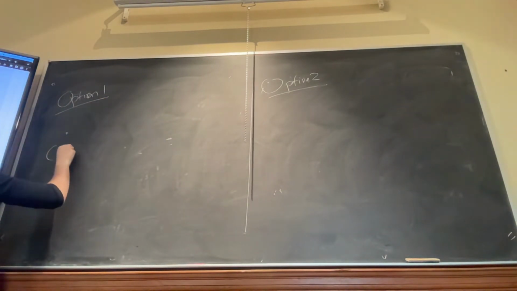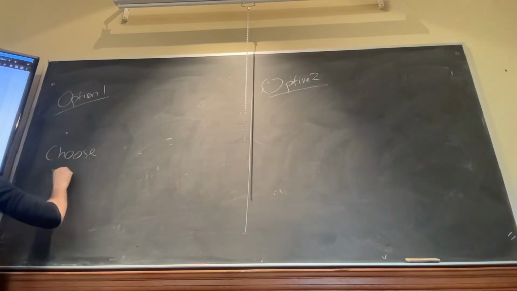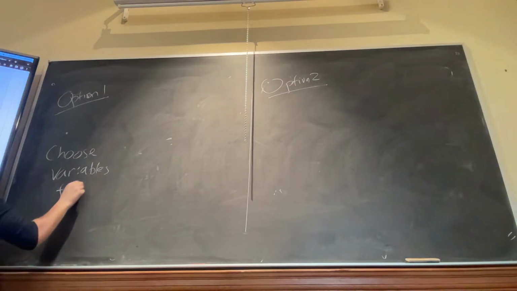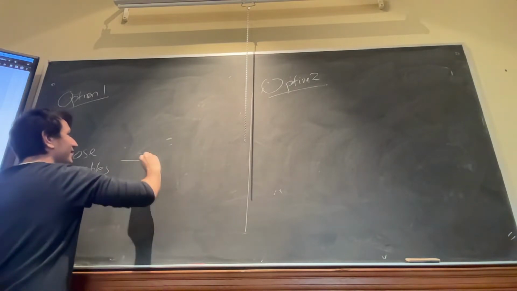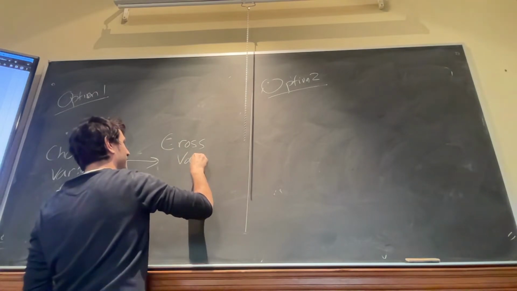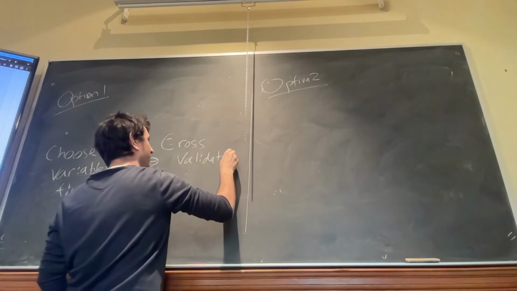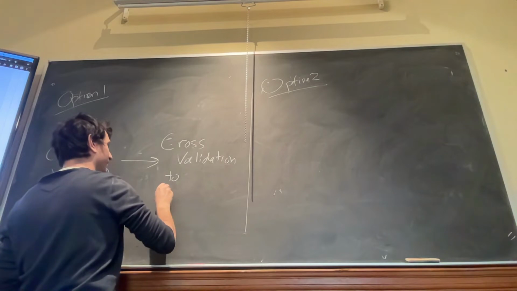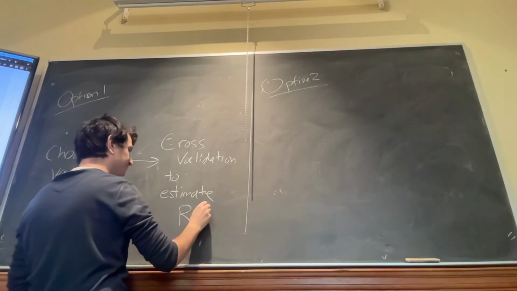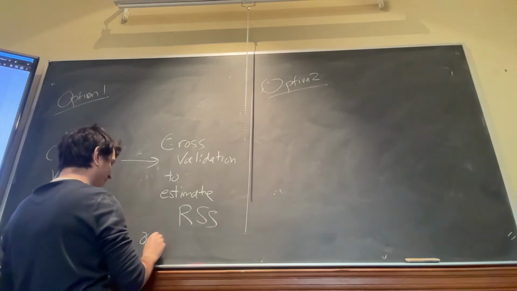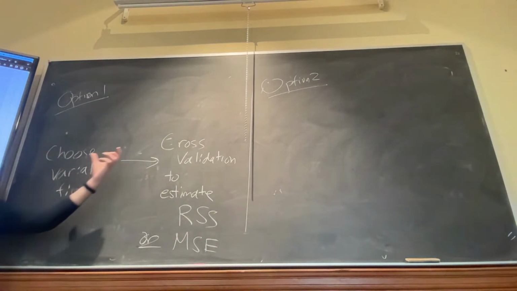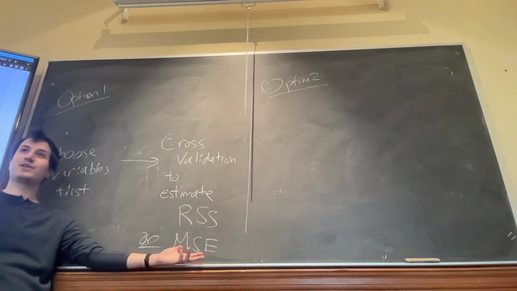You choose variables first, and then you use cross-validation to estimate RSS or MSE. So you choose the variables and then you use cross-validation to estimate the error that those variables would give you.